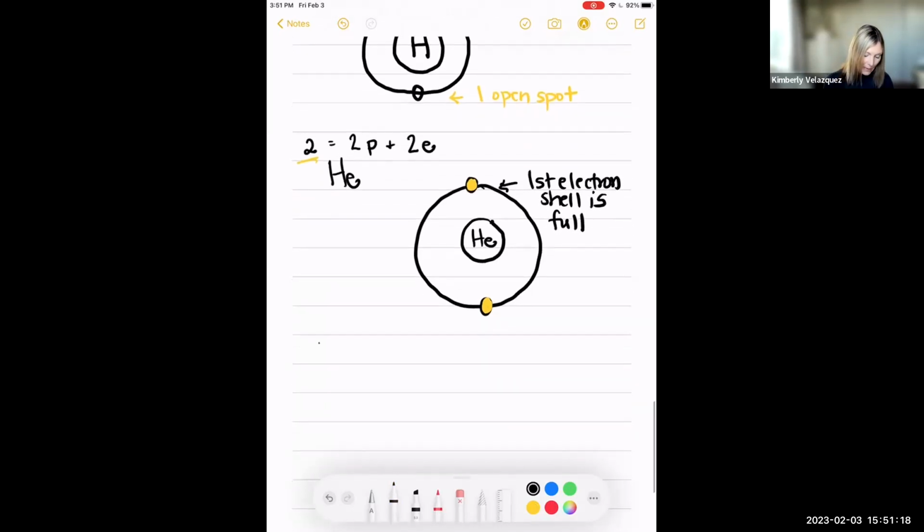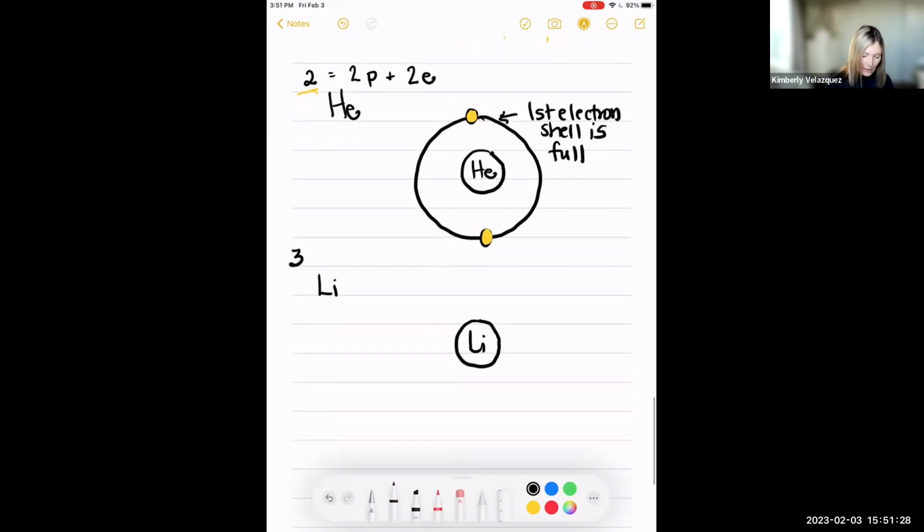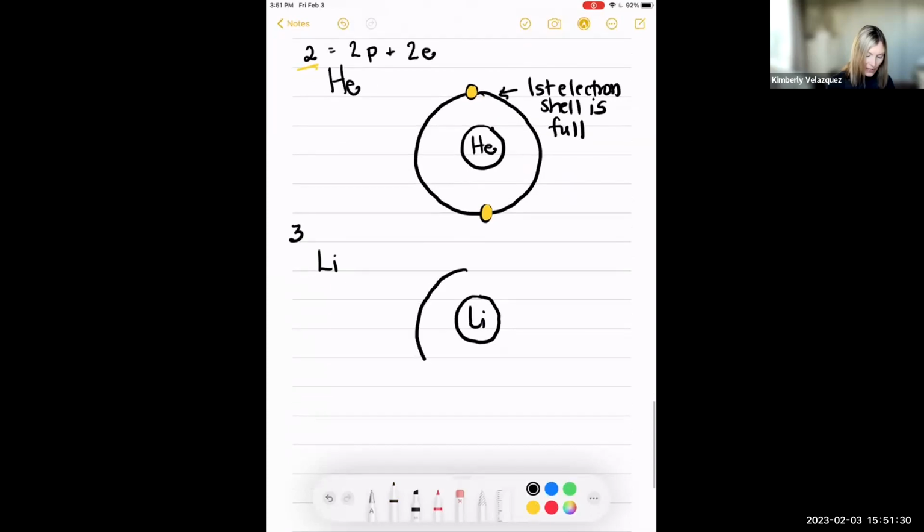Going to the next element on the periodic table, lithium, atomic number 3. That means lithium has 3 electrons. So again, I'm just going to write lithium's chemical symbol in the middle here. First electron shell holds a maximum of 2. 1, 2. But lithium is atomic number 3. That means 3 electrons.